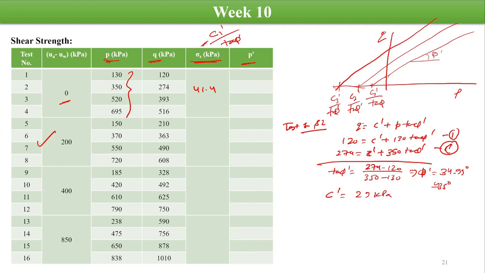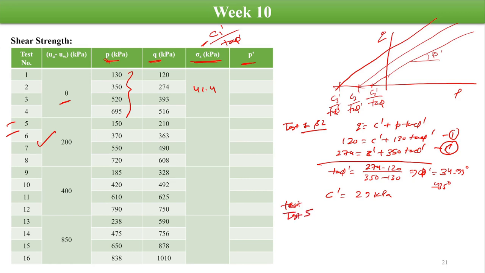Similarly, for the second group also we can solve for any test. So as we were solving this for the sigma S value, let's solve it for tests 5 and 6 from the second group of experimentation for a different matrix suction value.